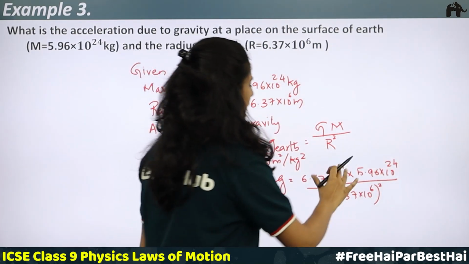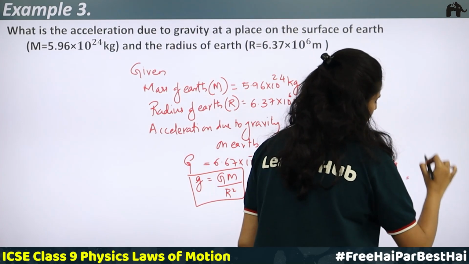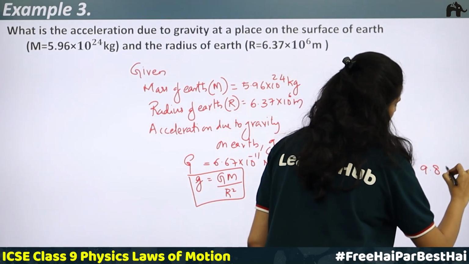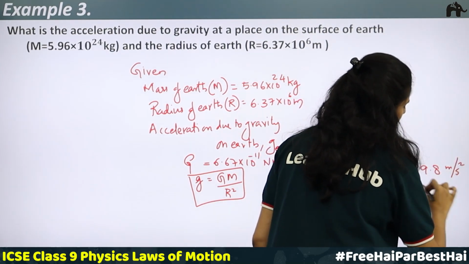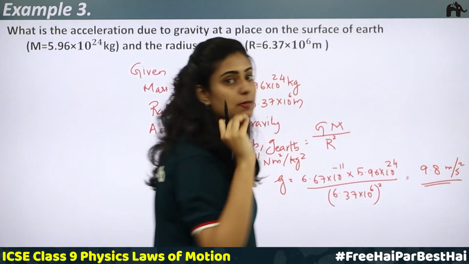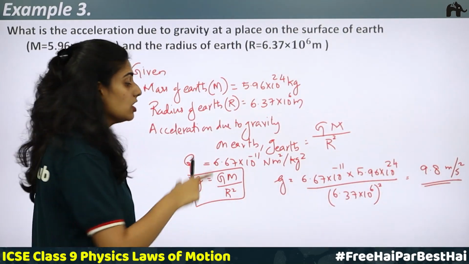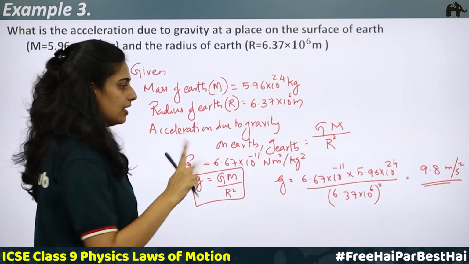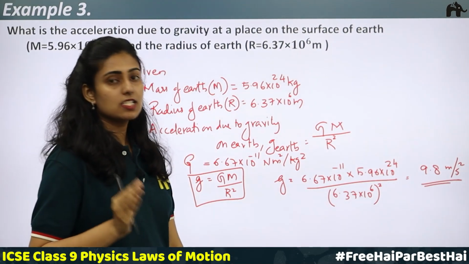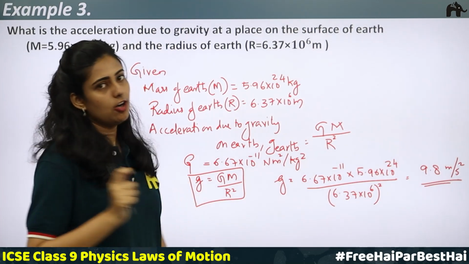When you calculate this, approximately you will get the value 9.8 meter per second square. Remember, the unit is meter per second square because acceleration due to gravity is an acceleration. So 9.8 meter per second square is the acceleration due to gravity on Earth.